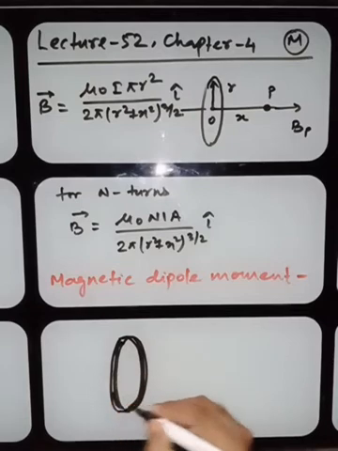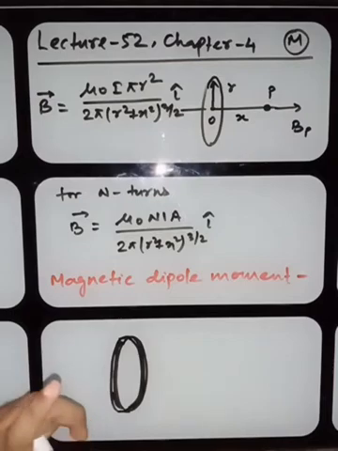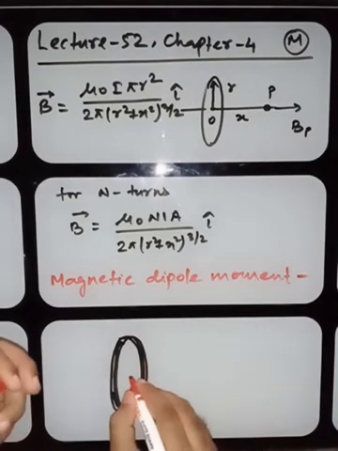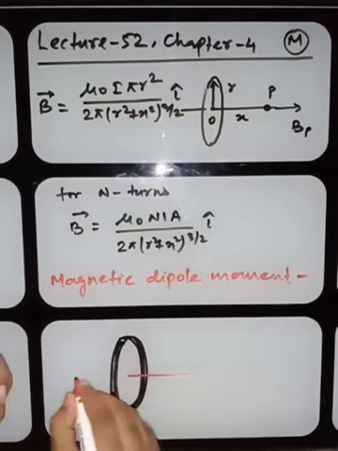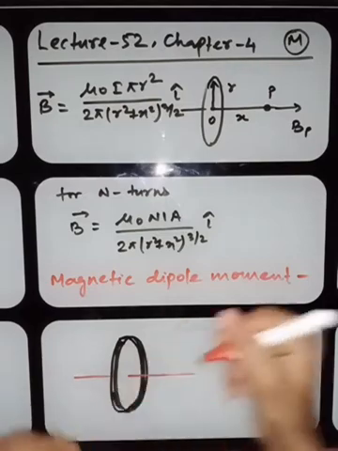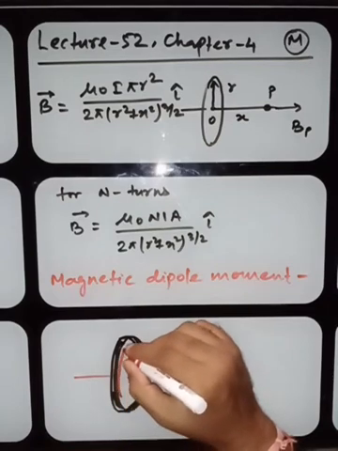This is the n-turn conductor. Now, if you see the axis of this conductor, this one is very important, my dear students. Let me draw the direction of current.